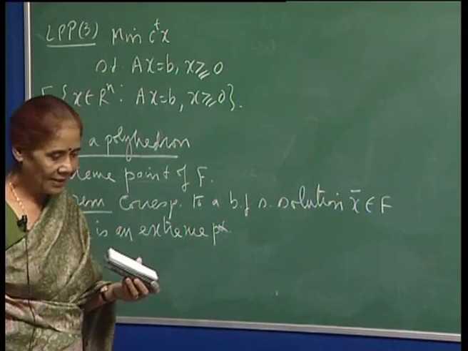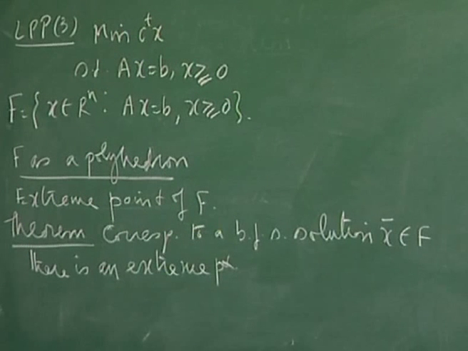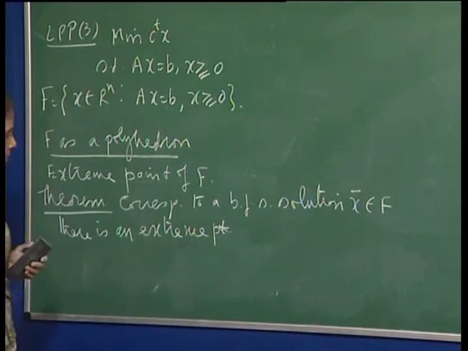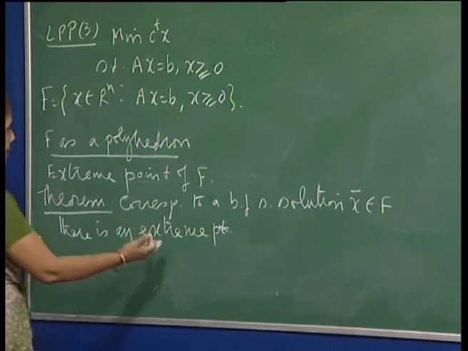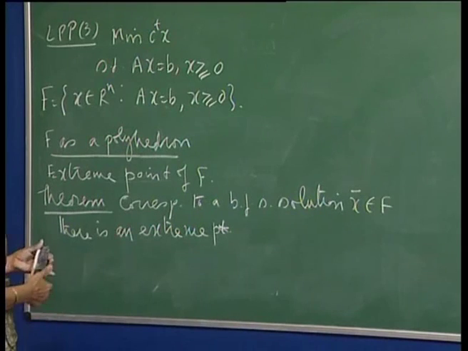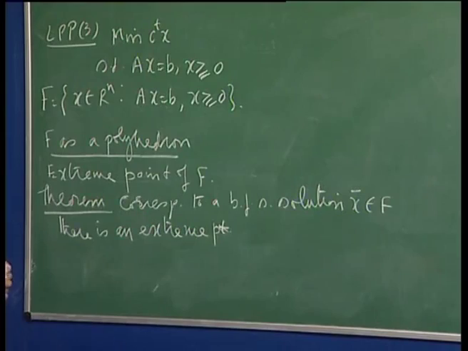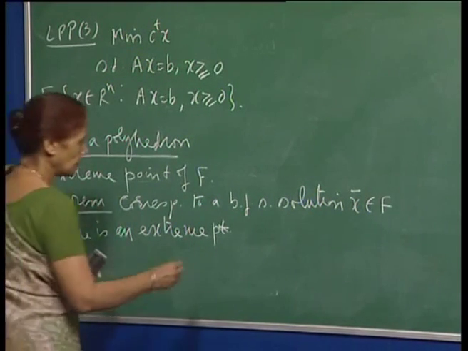Now, actually, again I should not be saying that there is an extreme point. A basic feasible solution is an extreme point and vice versa. Basically, this is what you want to show. So, when I say there is an extreme point, that means when I am looking upon F as a polyhedron, maybe in a smaller dimension, the corresponding dimension of F. So, corresponding to a basic feasible solution x bar belonging to F, there is an extreme point and vice versa.